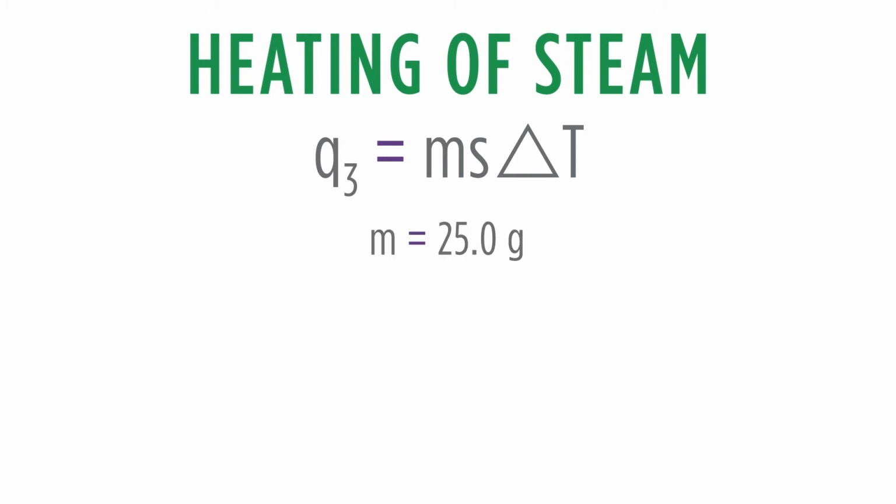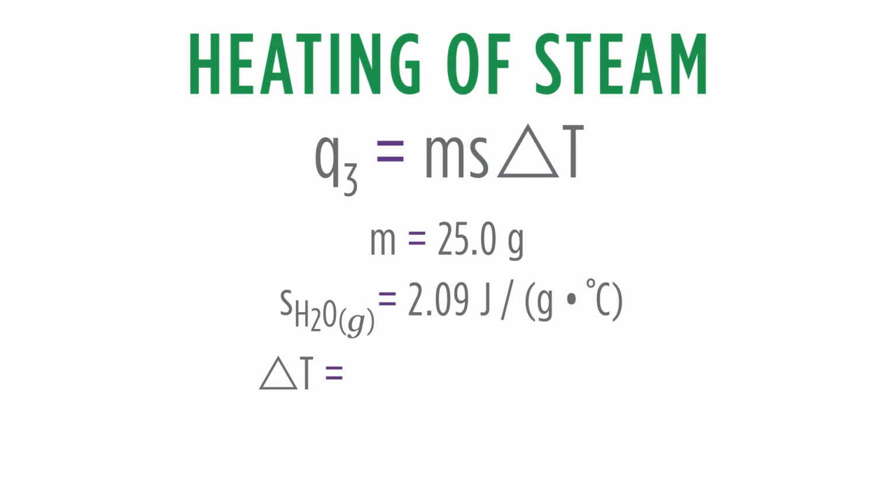The third step, heating of steam, again we use Q equals mass times specific heat times the change in temperature. Mass again is 25.0 grams. Specific heat, in this case we need to be careful that we're using specific heat of gaseous water and not liquid water. This is 2.09 joules per gram degrees Celsius. And here our temperature change is going from 100 degrees to 110 degrees, so we see a change in temperature of 10 degrees Celsius.